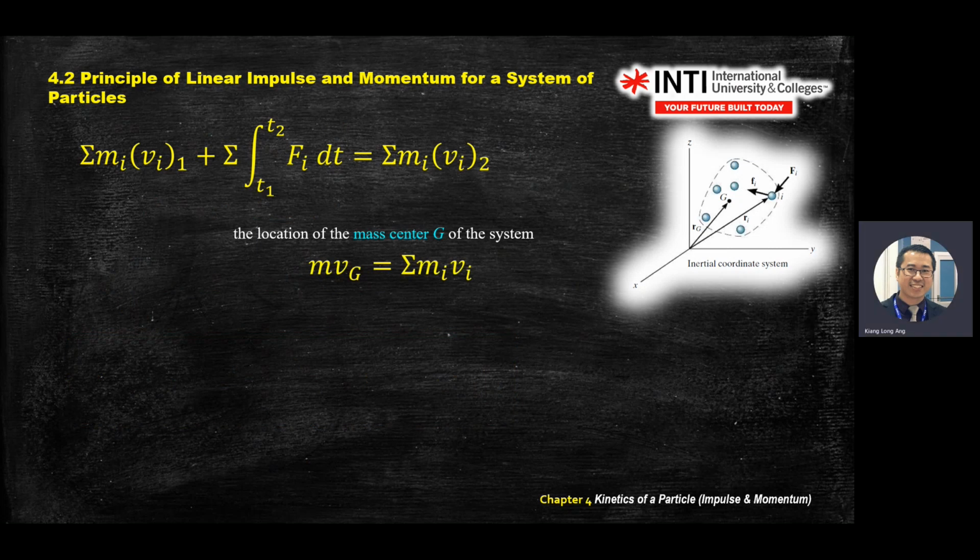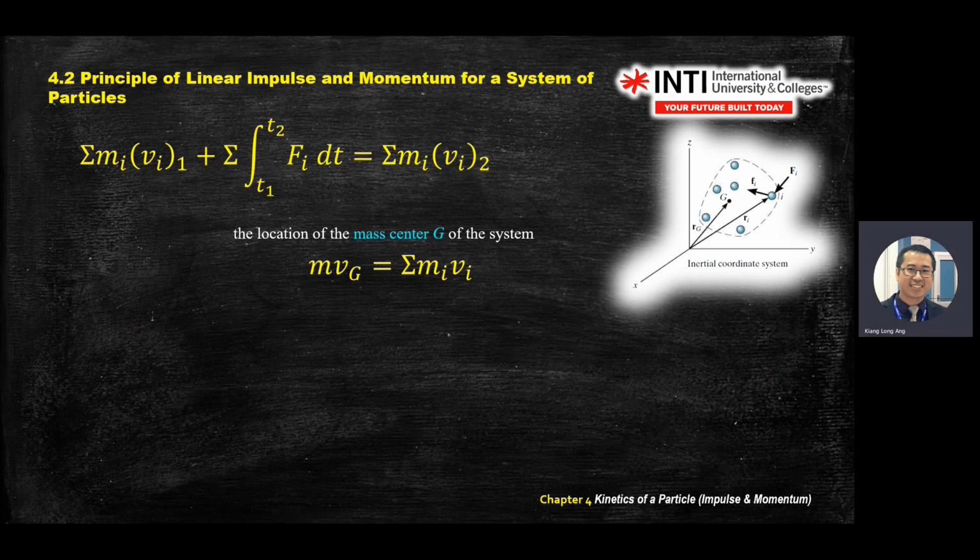This one, when you learn about rigid body, how to find center of gravity, you take mass and velocity equal to the sum of mass and velocity of individual particles. Mass on the left-hand side will equal the sum of mass of individuals, so you can cancel.